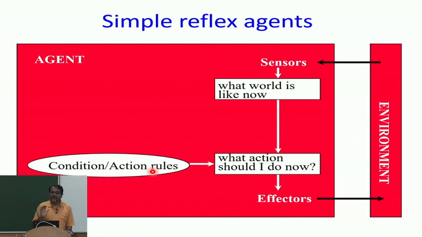That will be a simple reflexive agent, and this reflexive agent also has a role to play in real robots. Can you think of one example? I think we have discussed this some time back, or maybe not. Can you think of an example where you have to put in a small reflexive agent for some specific behavior? Obstacle avoidance.